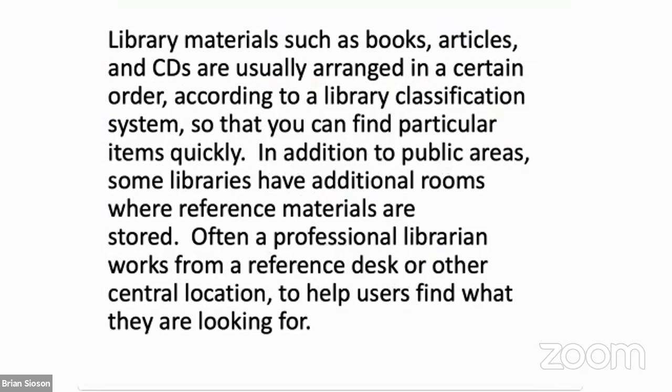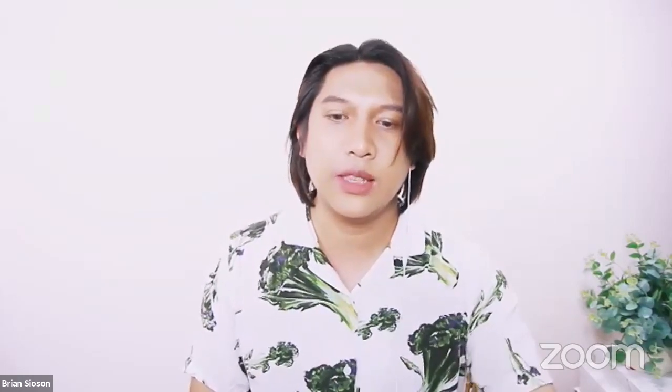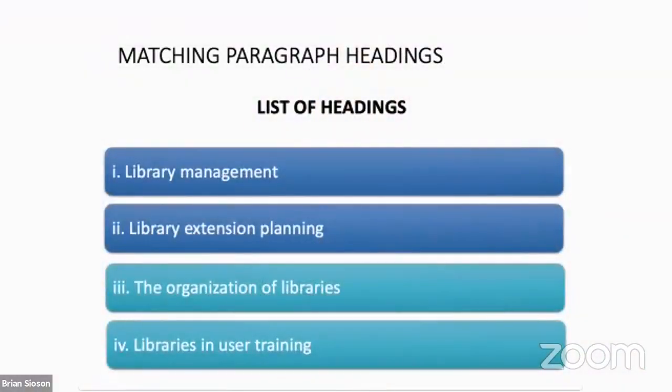So here we have library materials. Okay, so I will read the entire passage. The options are going to be very similar. Are they? All right, I think they are very similar. Let me just look at the options for this one. Not the same, I'm sorry. So let's look at the headings for this one. Okay, so we have 4 headings. 1, library management. We have talked about that a while ago.